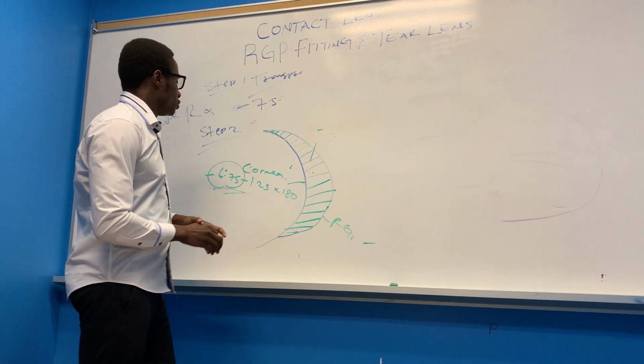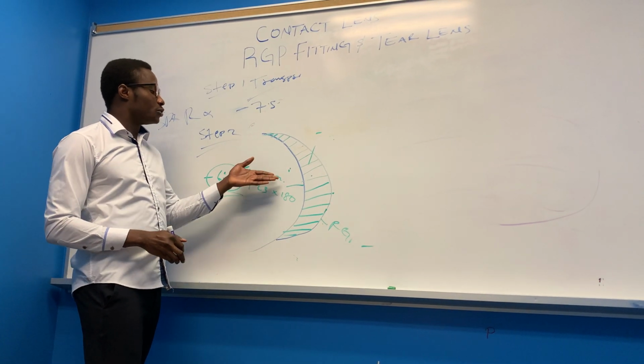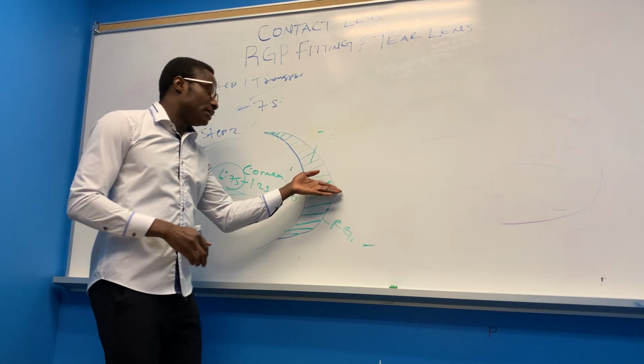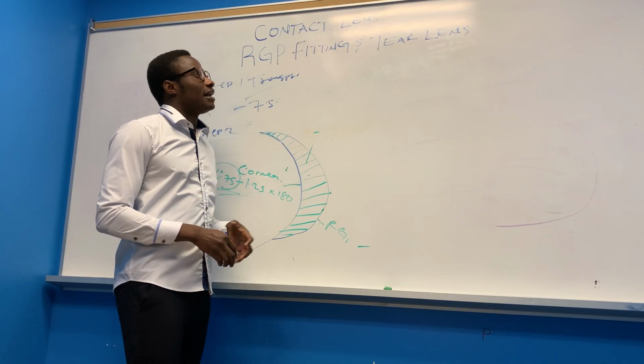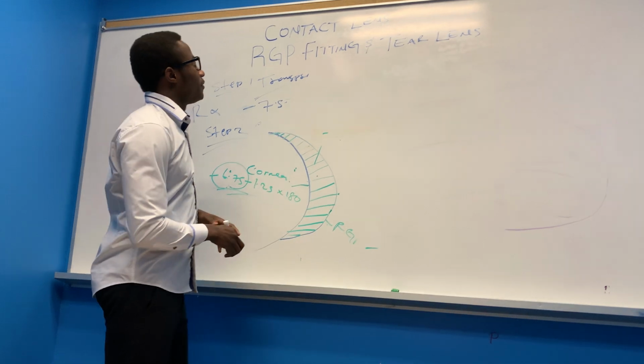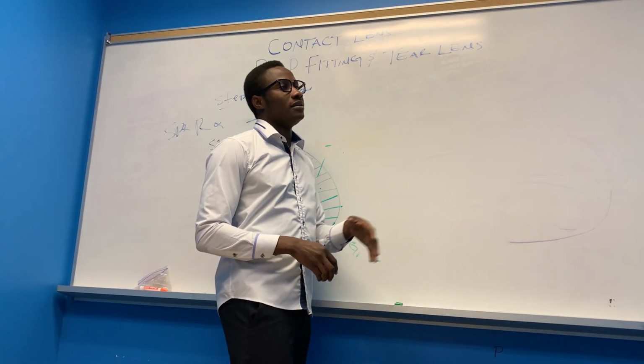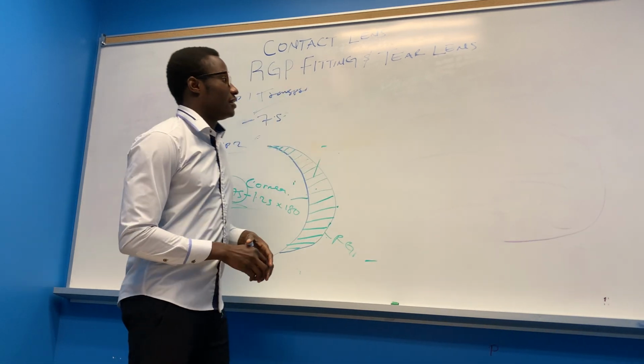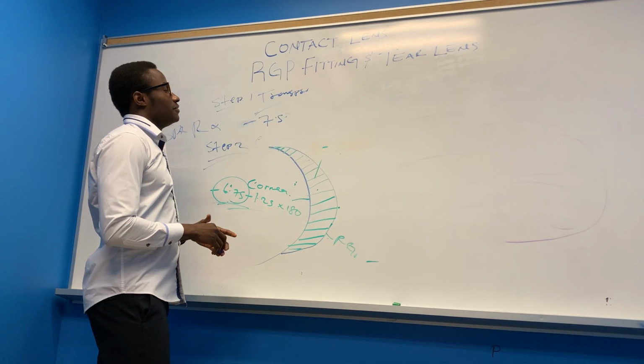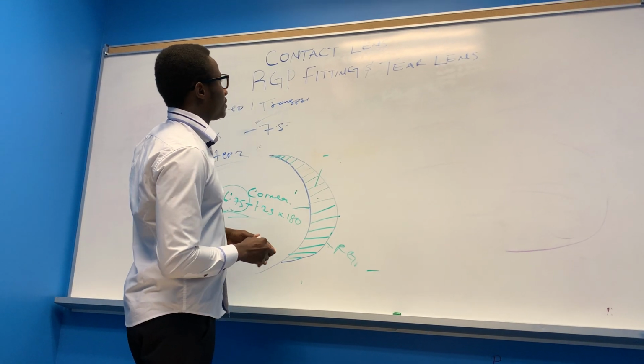Just have to know that the patient is looking through the RGP lens and the TL lens, and we have to compensate for whatever the TL lens is creating for us to give our patient the optimum and the maximum vision he or she requires.